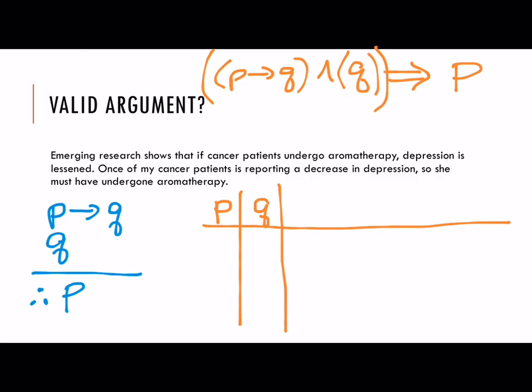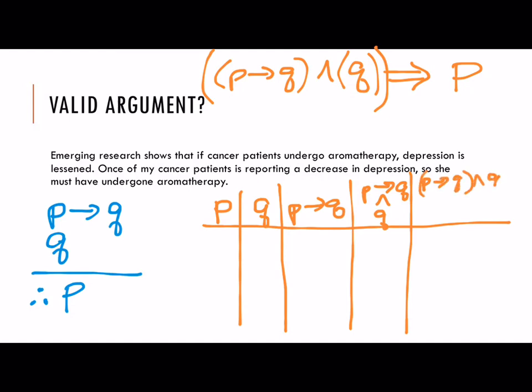All right, so I'll work in the parentheses first, and even in there's another parentheses, so I would have to do if P then Q, and then I would do the conjunction, so I would do if P then Q and Q next, and then finally I would do that entire statement. Does if P then Q and Q imply P?